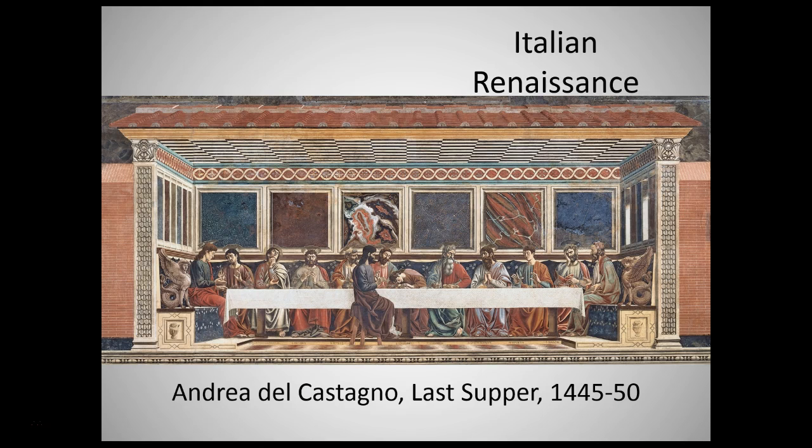One of the things that we look at, too, is that there's a departure that Del Castagno has made from earlier artistic styles in which there's a sense of naturalism and attention to detail, especially when we look at these panels of marble.